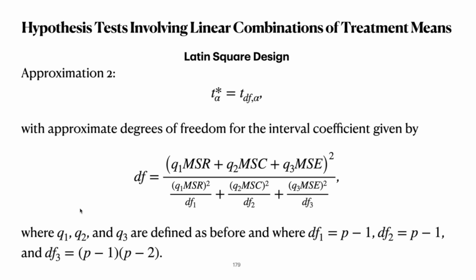Again, Q1, Q2, and Q3 are defined as they were on the previous slide. And also, the degrees of freedom are the same as they were on the previous slide, where df1 is p minus 1, df2 is p minus 1, and the third degree of freedom, df3, is equal to p minus 1 times p minus 2.